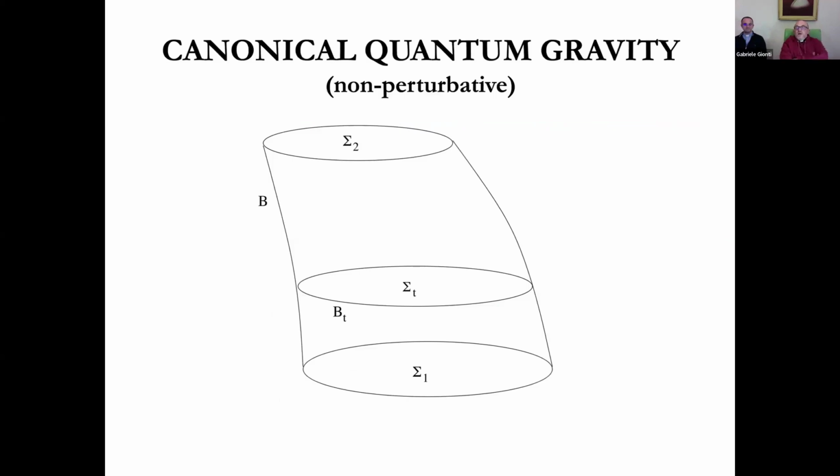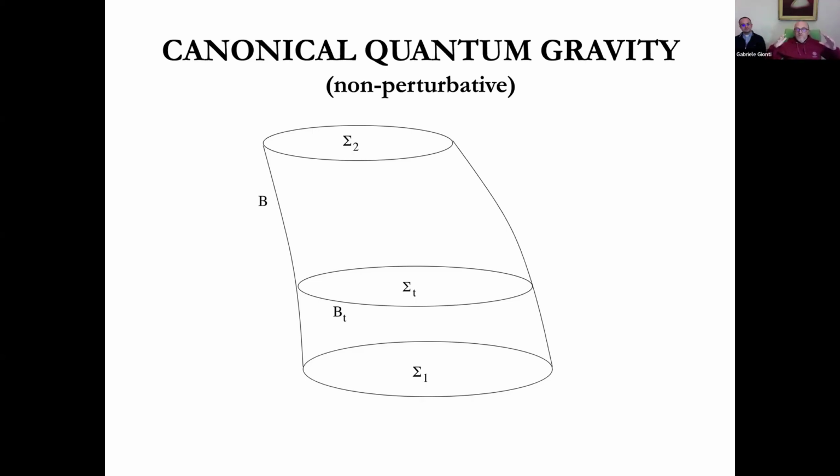The most ancient, so to say, the oldest approach to quantum gravity is called canonical quantum gravity, and it is an old approach because the first approach was developed by Dirac, by DeWitt, and other very well-known physicists. Essentially, it's based on the fact that you quantize Einstein General Relativity by writing a Hamiltonian theory.